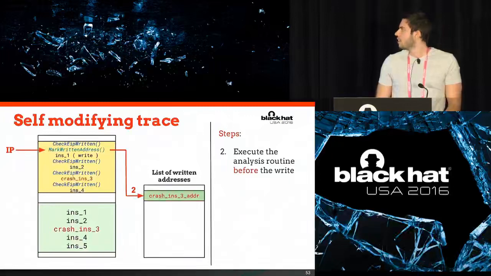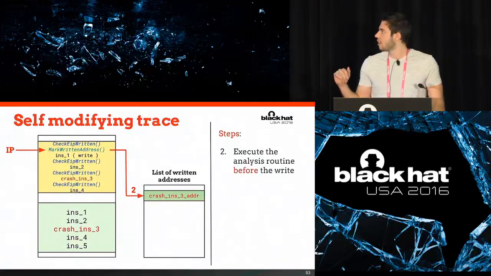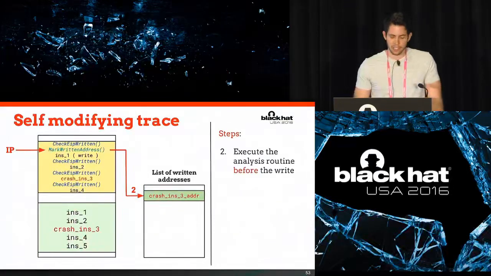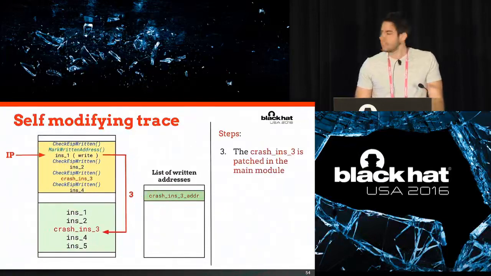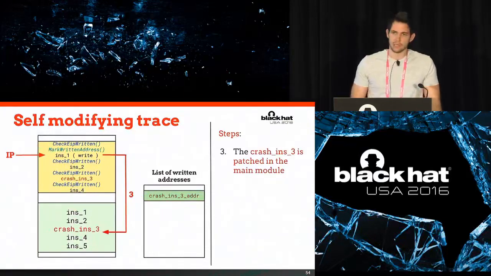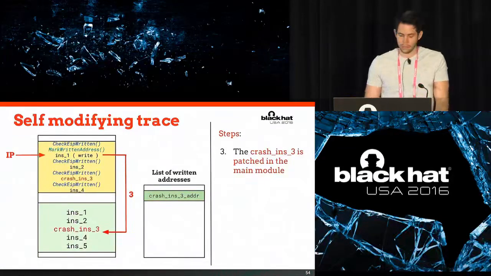So rerunning the example before, we can see that the first analysis routine can correctly get the target of the write and insert this address into our list. Then the operation is executed as before and the problematic instruction is patched in the main module.